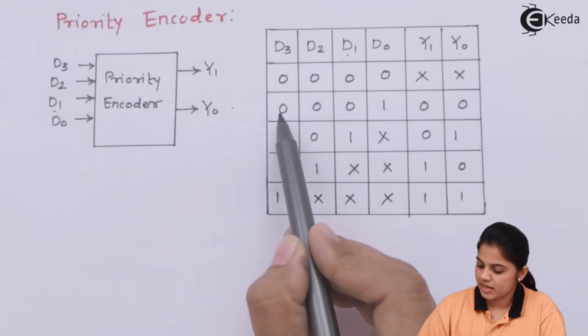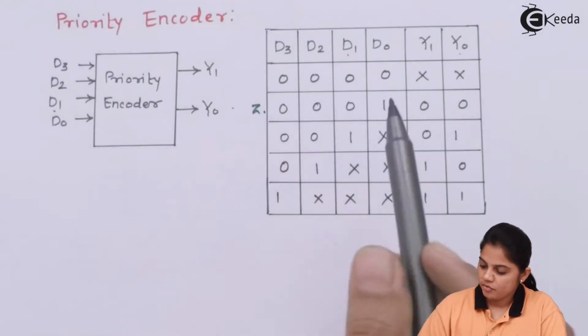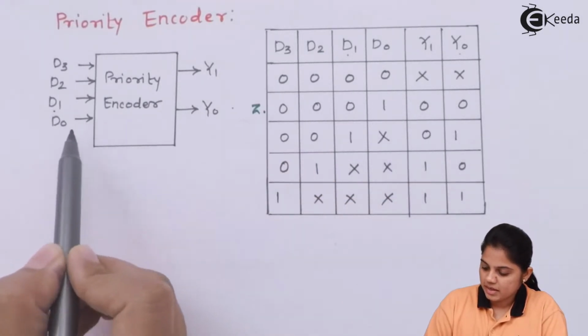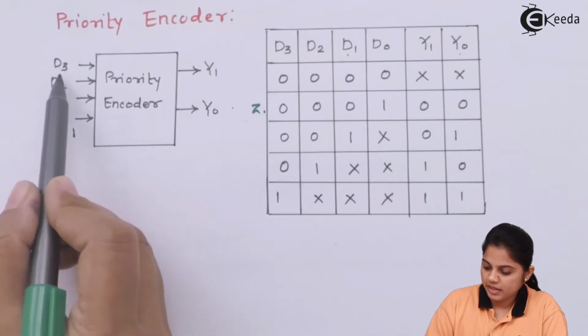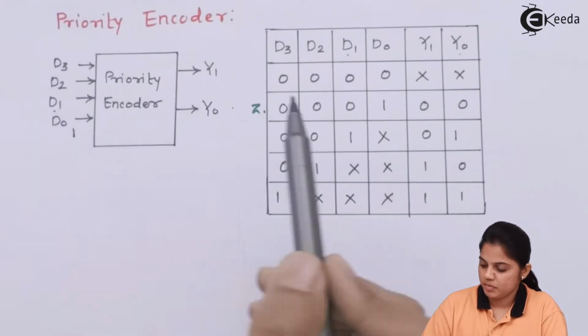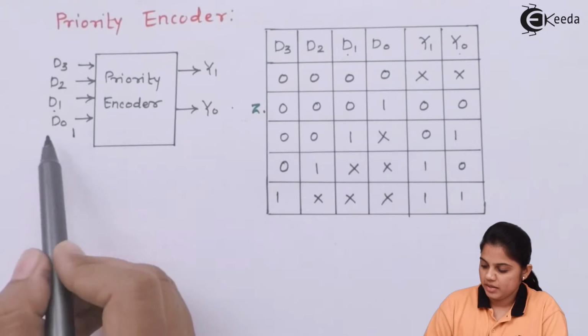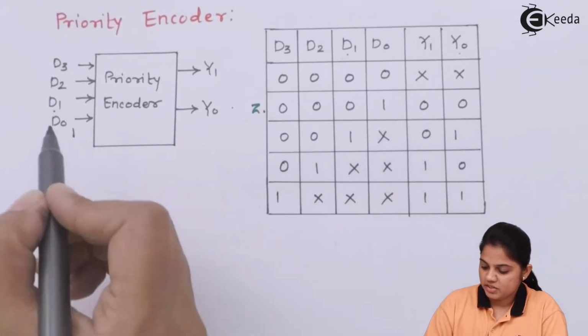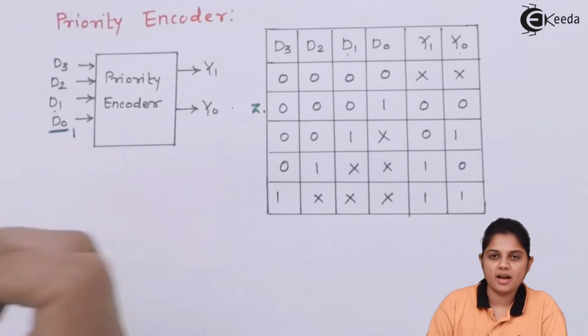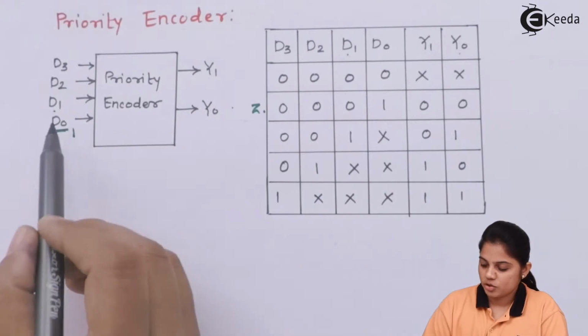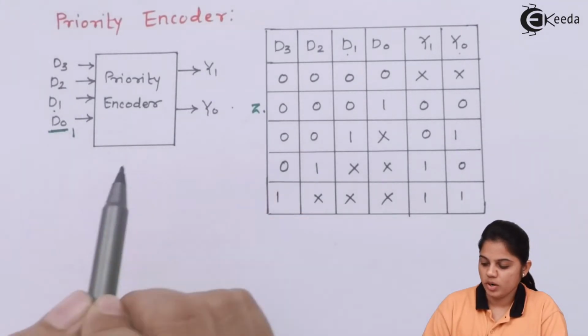Now let's see the next case. The second case is where D0 is high and the other 3 inputs are low. That means 0, 0, 0, 1. D0 is 1, that means whatever is the data at D0, that should get produced across Y0 and Y1.